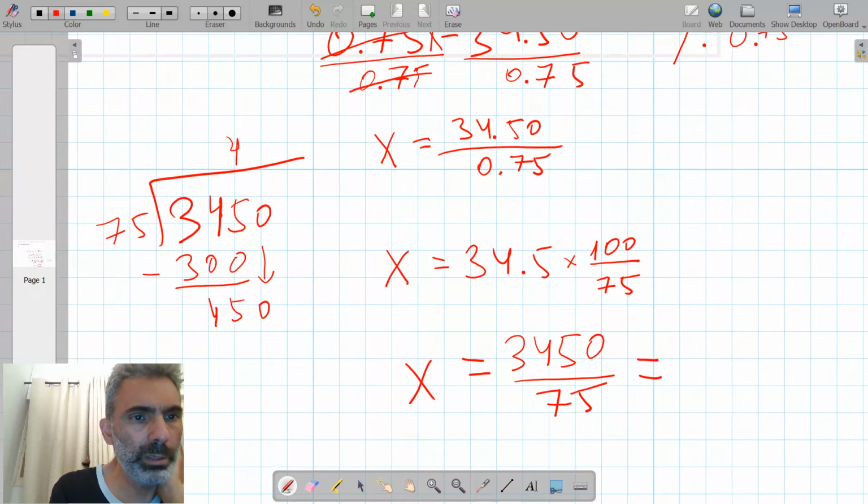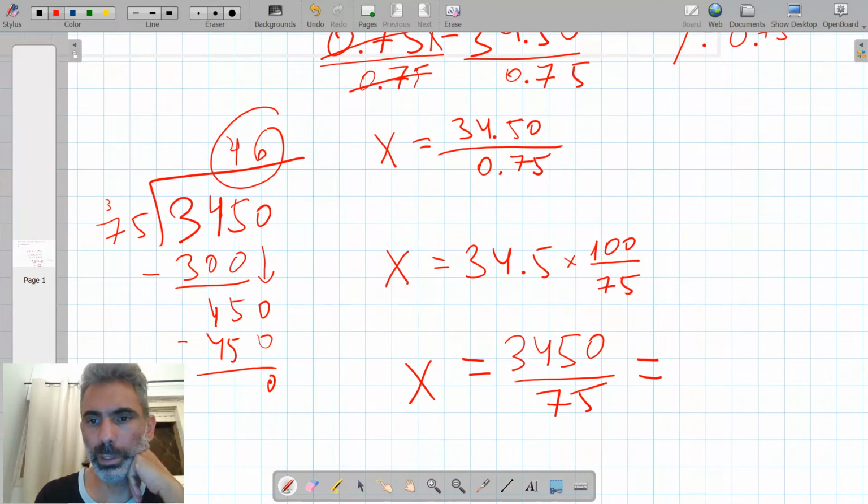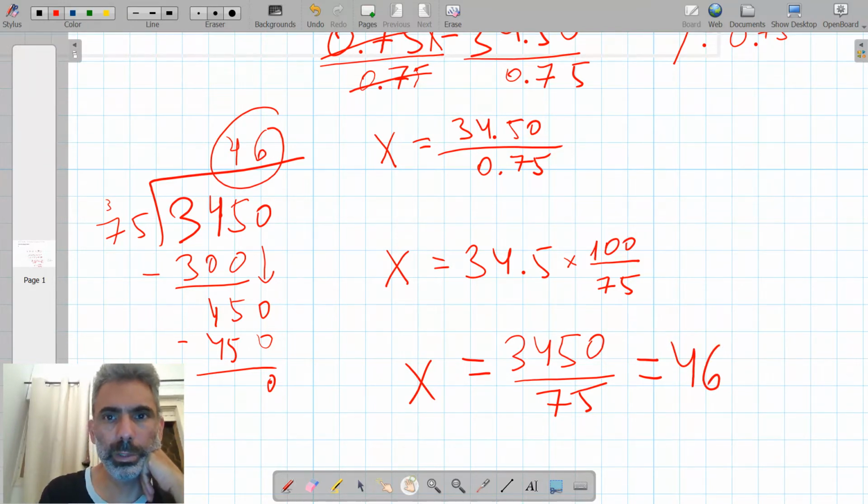6. 6 times 5 is 30, and 6 times 7 is 42, plus 3 is 45. So no remainder, so the answer is 46. So X equals 46.